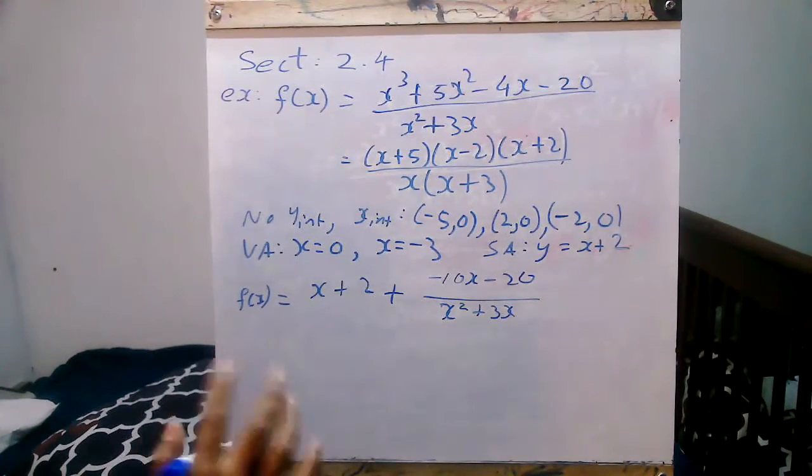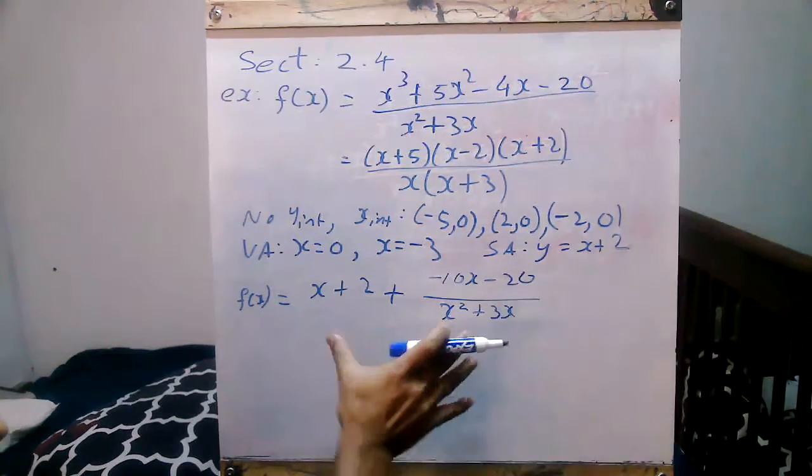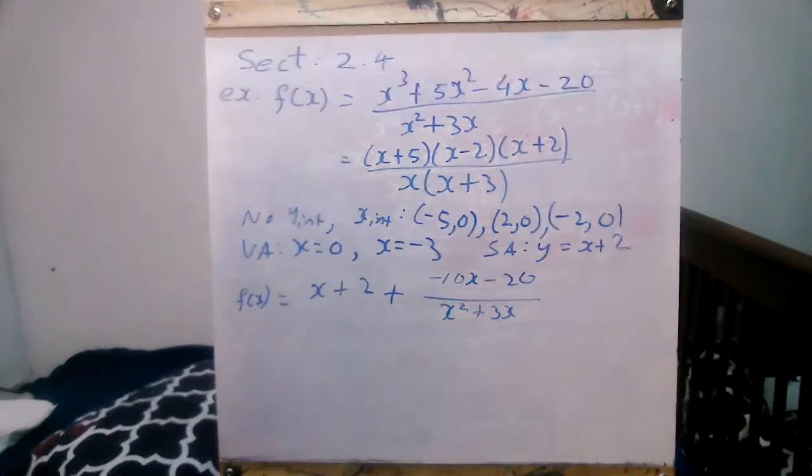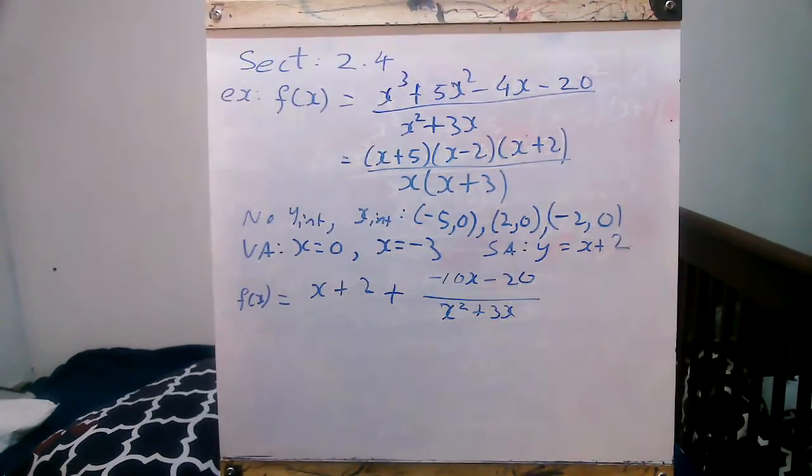If it gives us a sensible answer for x, they are intersecting. If it does not, they're not intersecting.